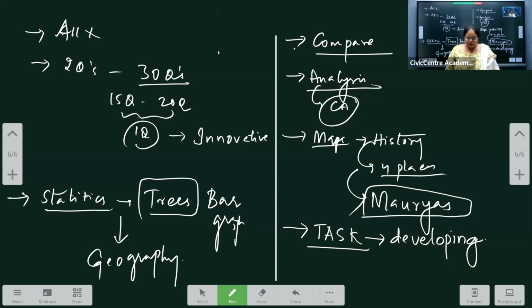So take the work seriously. Make sure the work you're doing is helpful for your preparation. It should be two-way: helpful for your preparation as well as for the work that you are being paid for.